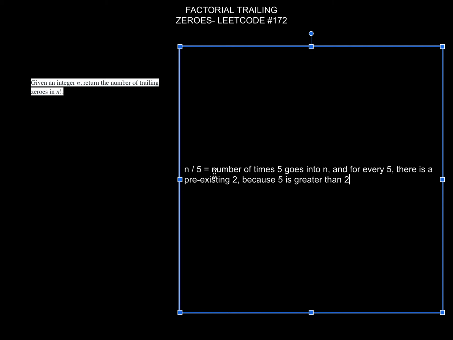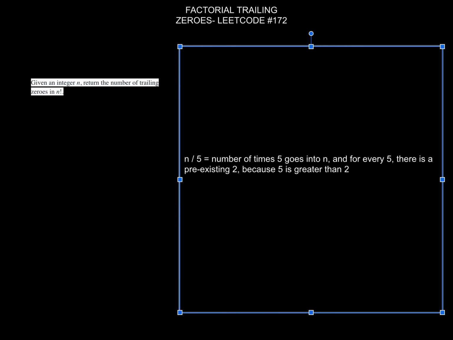But this doesn't take into account the squares and cubes of 5, like 25 is equal to 5 multiplied by 5, and if we were to just return n over 5, it wouldn't take into account the other 5 being made. So we also need to divide n by 25 to account for the extra 5 being made.